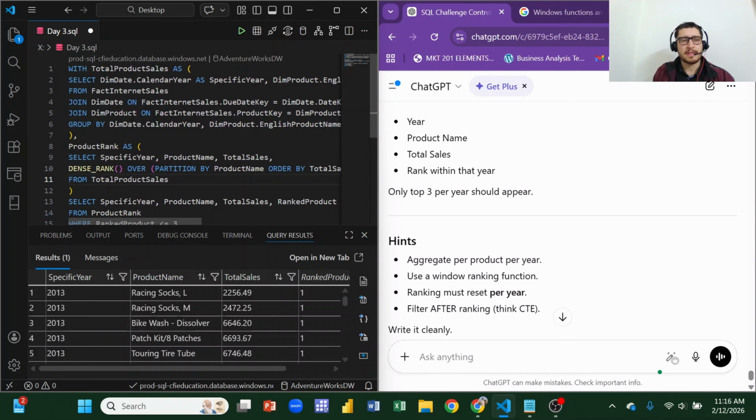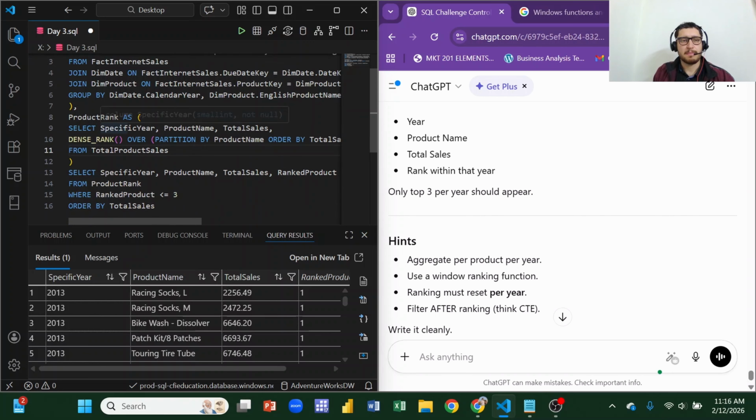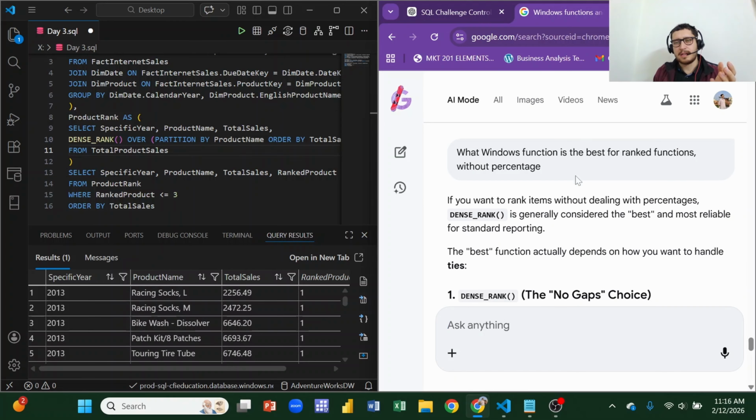After that I went with the window function. Before moving forward, I asked for help from Gemini. I said that I wanted to go without the percentage, because for the percentage it is percent rank or cumulative rank, but most importantly the cumulative rank is better.